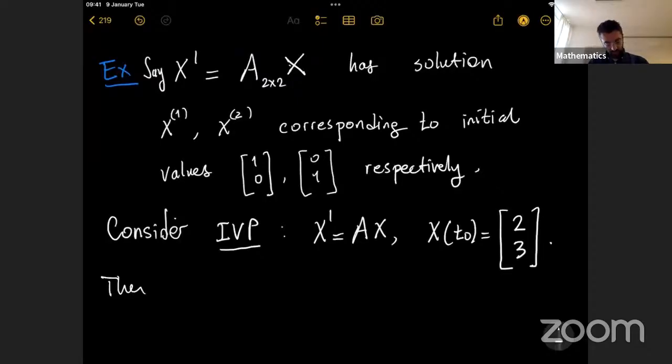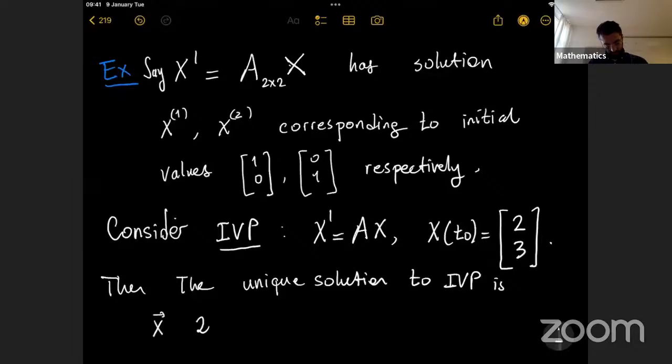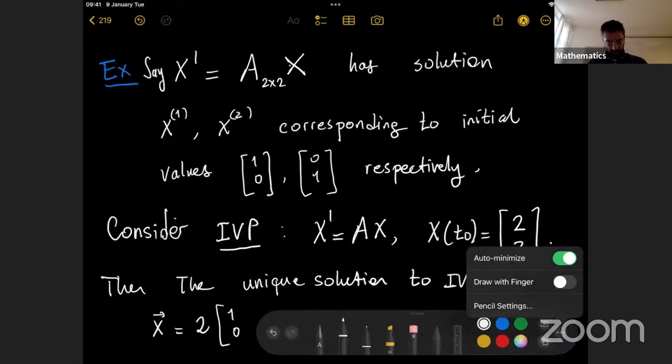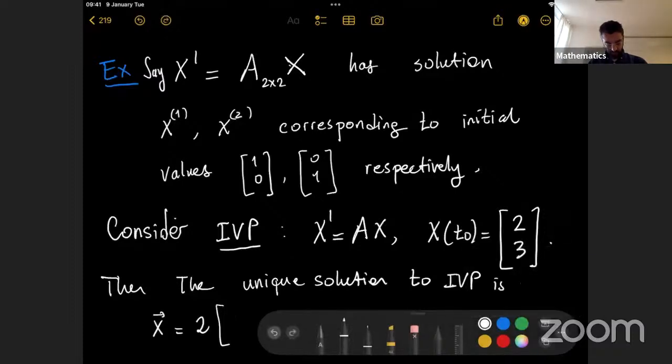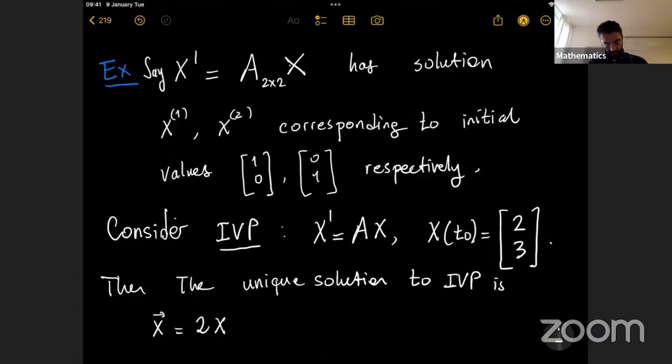Then the unique solution to this IVP is basically 2 times x1 plus 3 times x2.